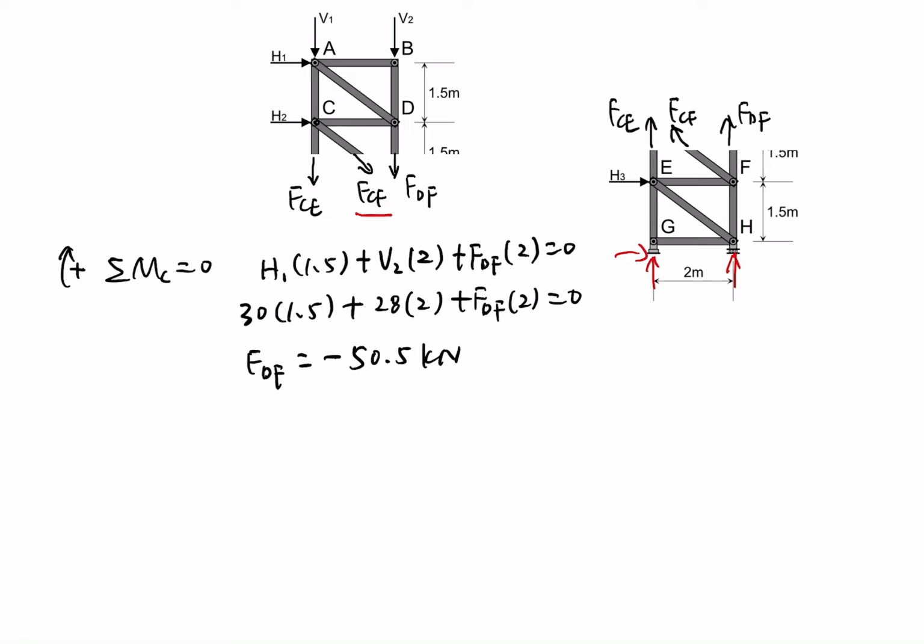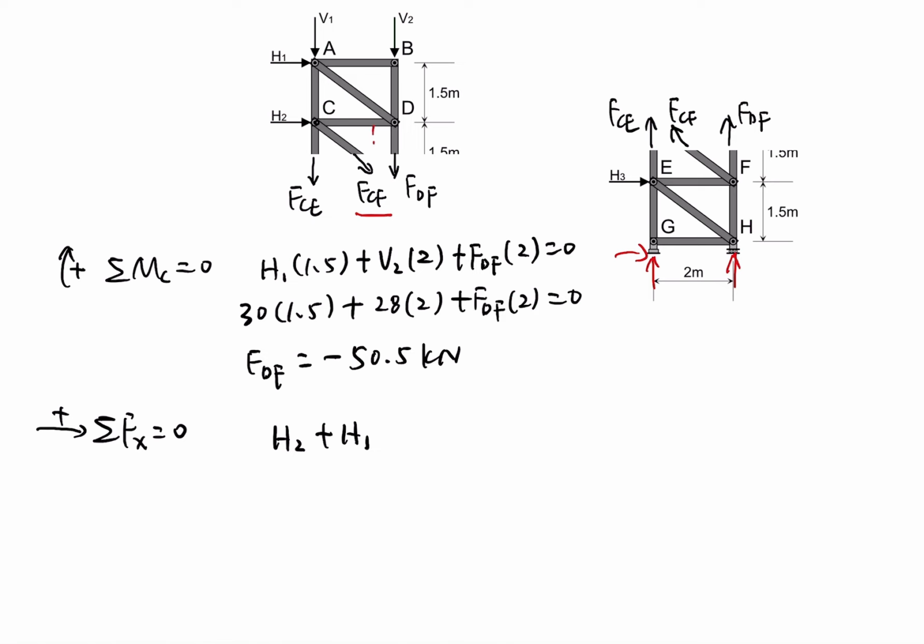Then we need to know FCF, the member force in CF. To find it, we can write down the equation in the horizontal direction, that is, the sum of Fx equals 0. If the horizontal direction going to the right is positive, we have H2 positive, H1 positive as well, and the other horizontal force is the component of FCF.